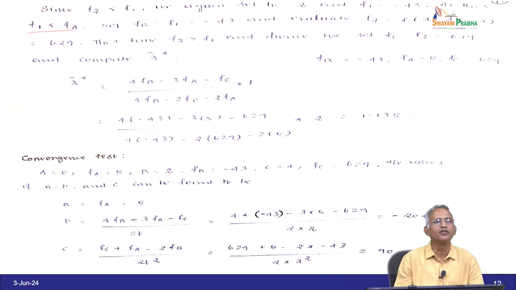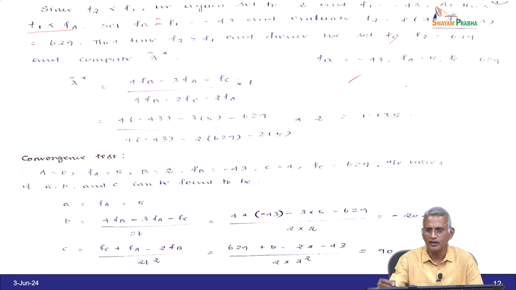So, fb equal to f1 equal to minus 43. Now, evaluate f2. f2 equal to f of lambda equal to 2 t naught, and the corresponding value is 629. Compare this f2 and f1. f2 is greater than f1, hence fc equal to f2 equal to 629, and compute lambda star.